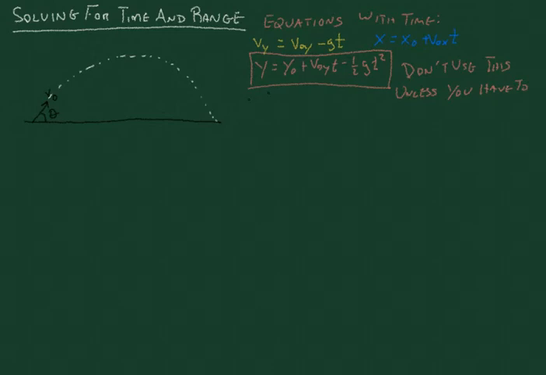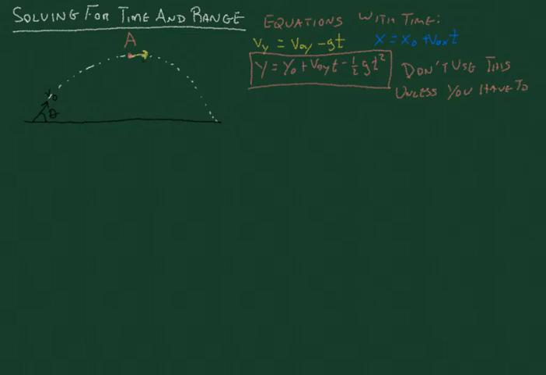So for example, let's look at if we want to find out, if we call this the position of the particle A. Let's look at the things that we know about the particle when it's at A. It's going to have some velocity, but notice that its velocity is all in the x direction.